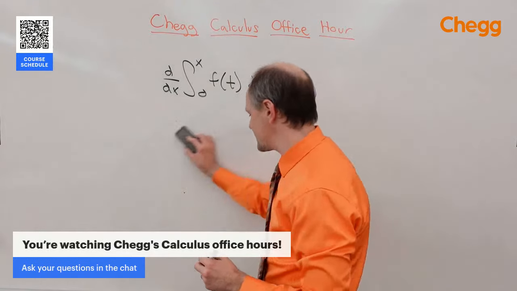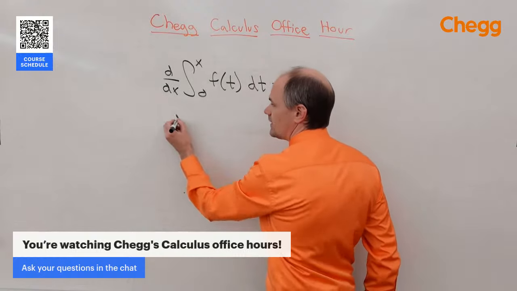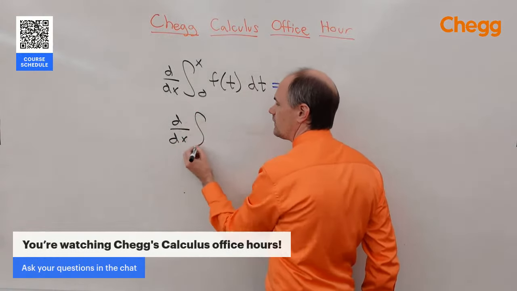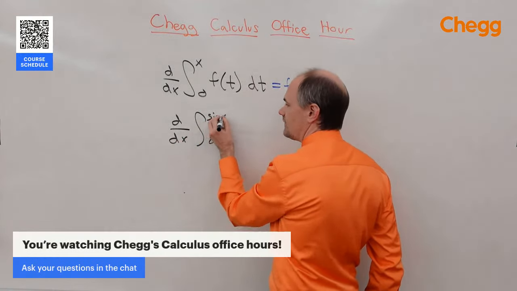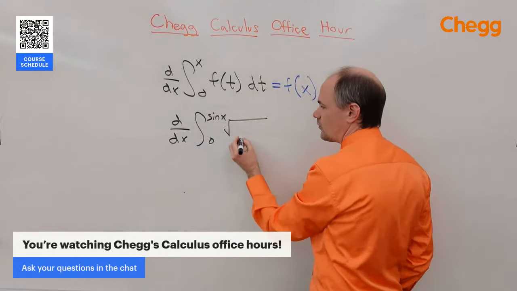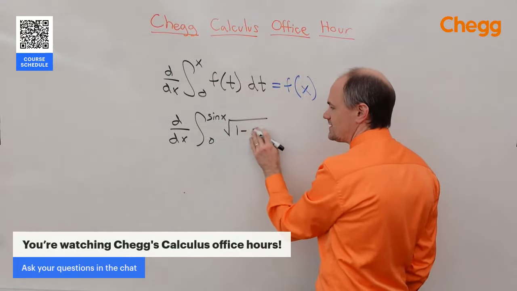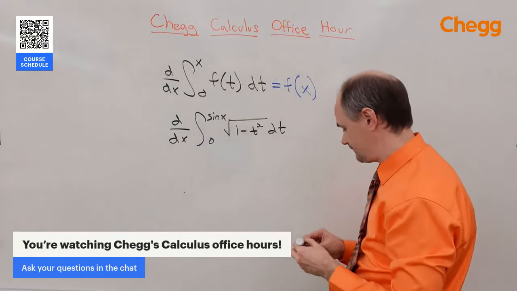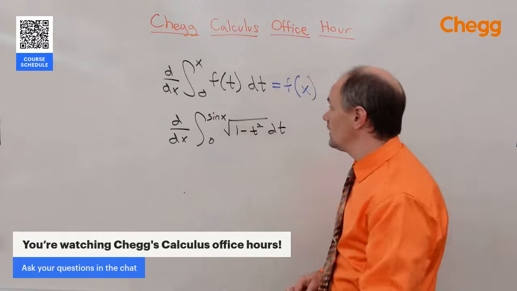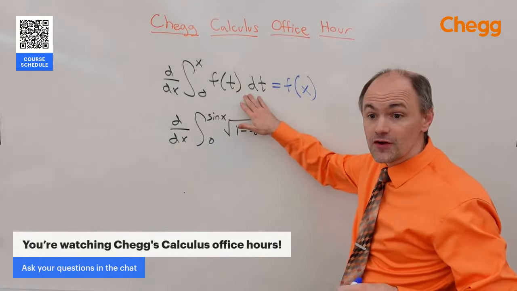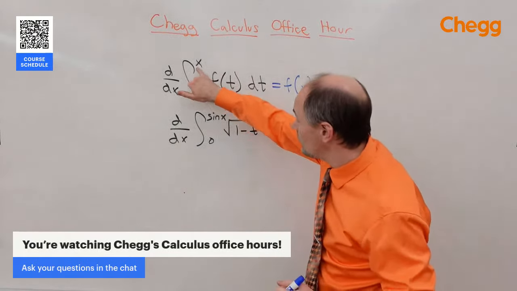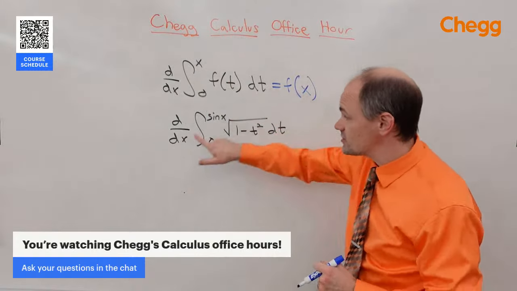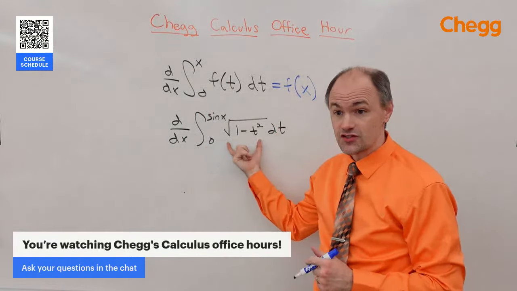We're going to have to do the exact same thing if I'm taking the derivative of the integral from 0 to the sine of x of the square root of 1 minus t squared dt, for example. Now, this formula, the fundamental theorem of calculus, tells us that we can plug that top thing into the function because the derivative of the antiderivative is just the function.